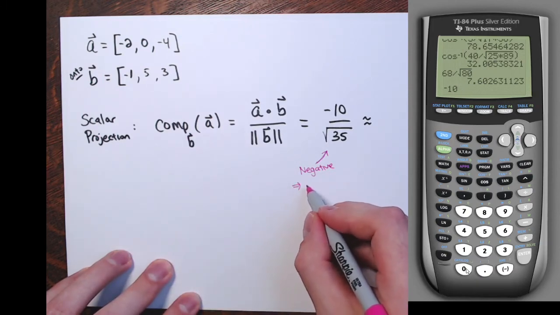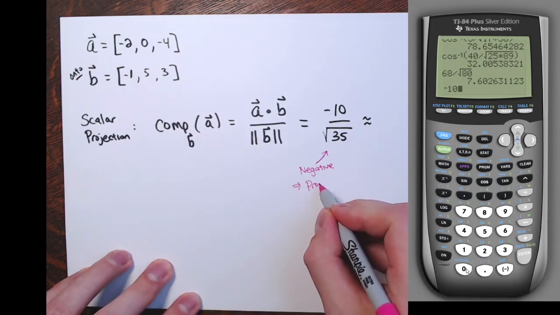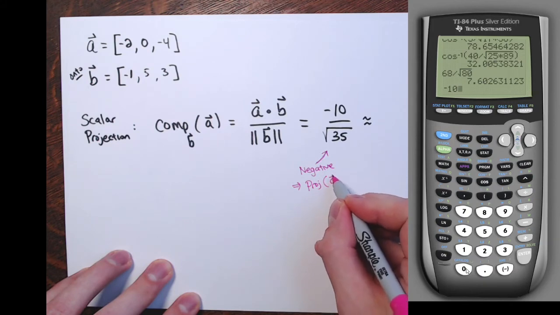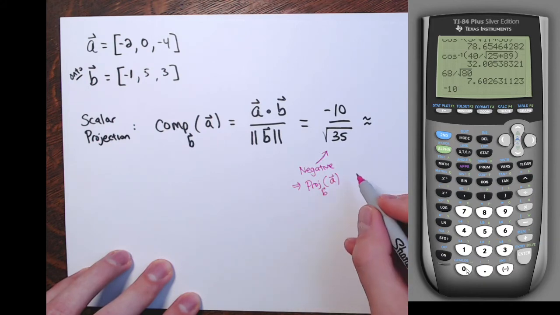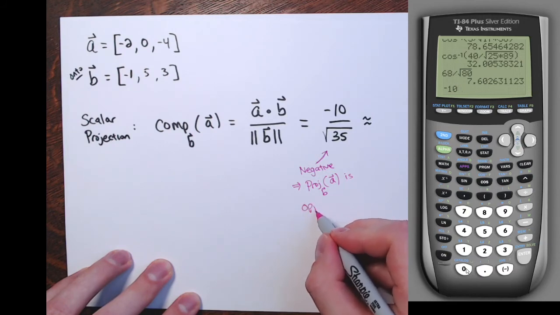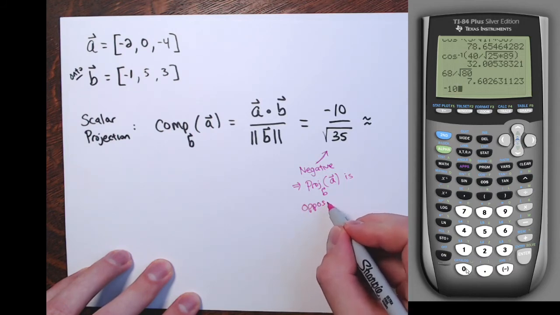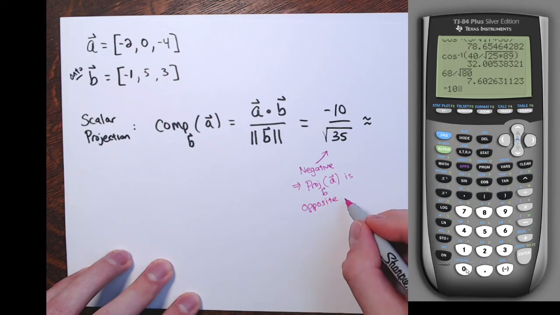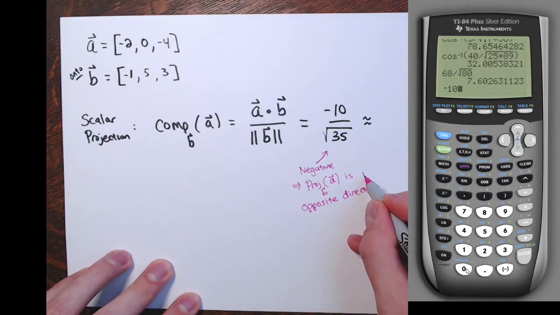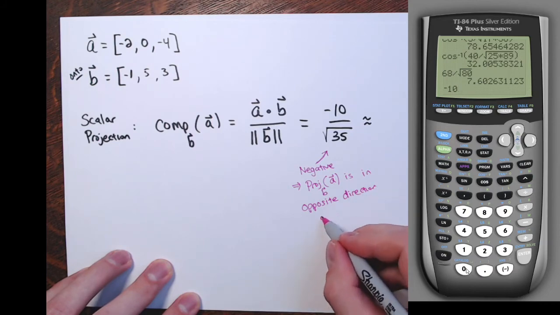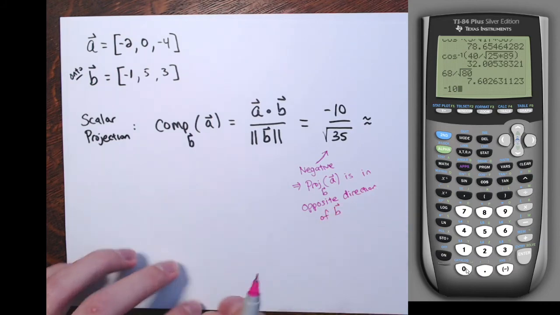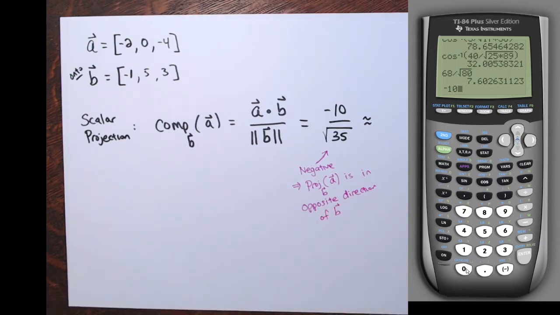All that means is that the vector projection, the projection of vector A onto vector B, the projection vector, is in the opposite direction of B, of the vector we're projecting onto. That's all that means, the fact that it's negative.